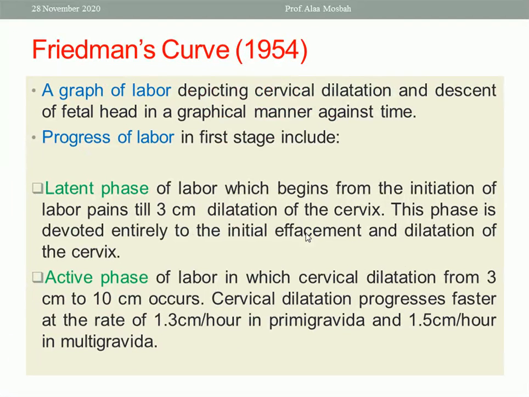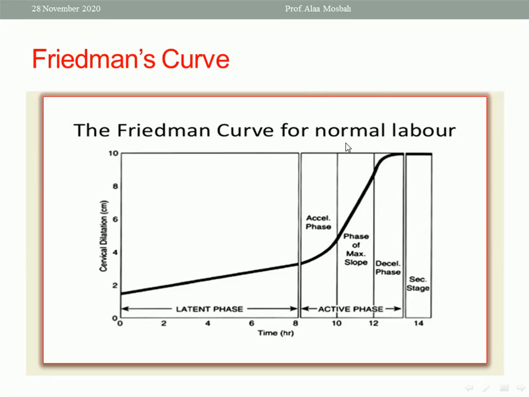So what about the Friedman curve, which was published in 1954? The Friedman curve divides labor into stage 1 and stage 2, as we know. Stage 1 is divided into the latent phase and the active phase.